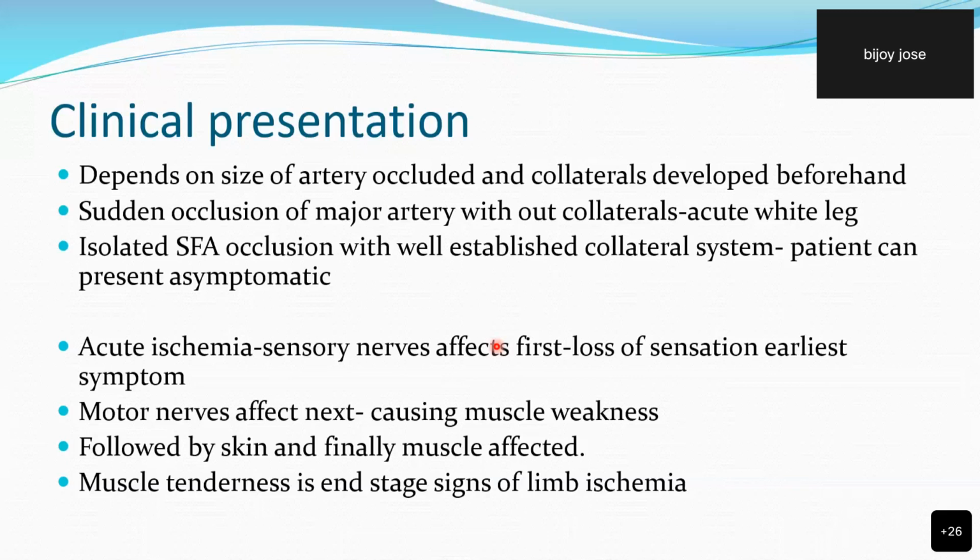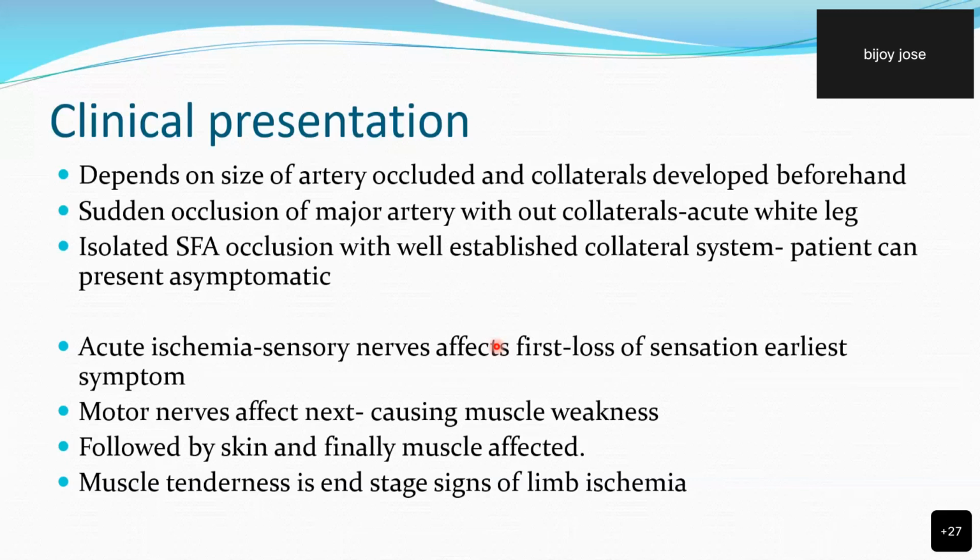If the patient presents with occlusion of the iliac artery or common femoral artery, the symptoms will be very severe, because the major inflow vessels are occluded. Sudden occlusion of a major artery without any collaterals produces an acute white leg.